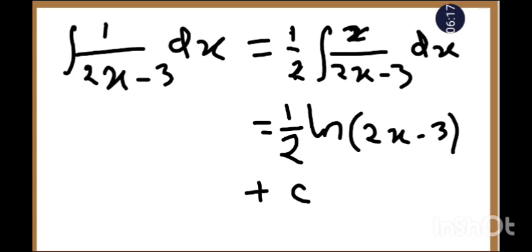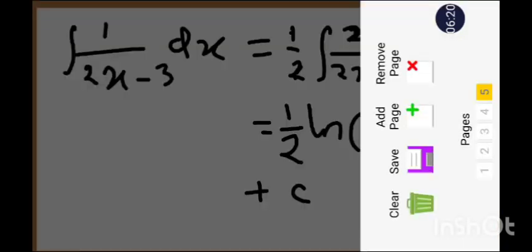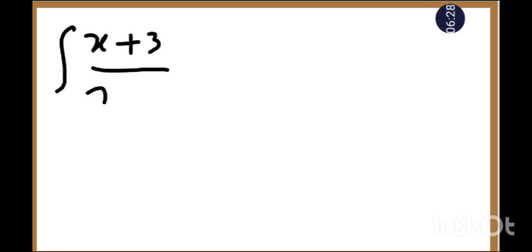Now we have other fractions that we can be asked to integrate. If you are asked to integrate this fraction, for example, x plus 3 divided by x plus 2 with respect to x, most often what we use is the fact that we verify, as we have seen in the previous examples, if the numerator is the derivative of the denominator, then we apply ln.